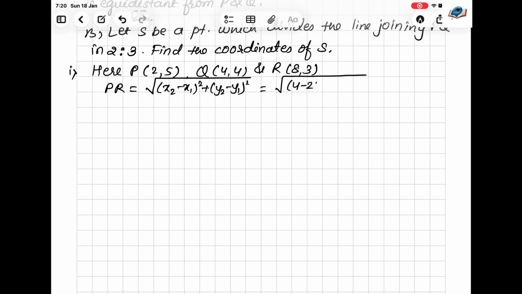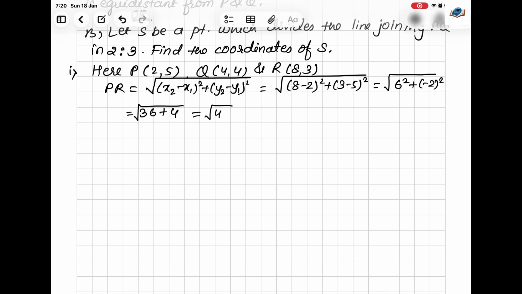Sorry, here I have to do R and P, so let me correct it. So x2 is 8 minus 2 whole square plus 3 minus 5 whole square. So that will be 8 minus 2 will be 6 square plus minus 2 whole square. So 6 square will be 36 plus 4. So that is coming as root 40. So answer will be 2 root 10.